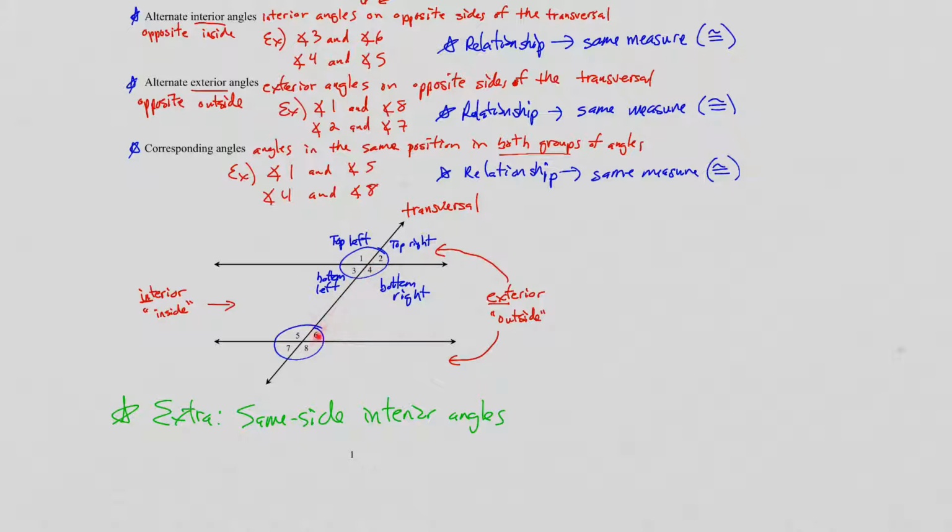The postulate is actually going to say that same side interior angles, for example angle 4 and angle 6, are supplementary. In other words, they add up to 180. So that's just a little extra one.